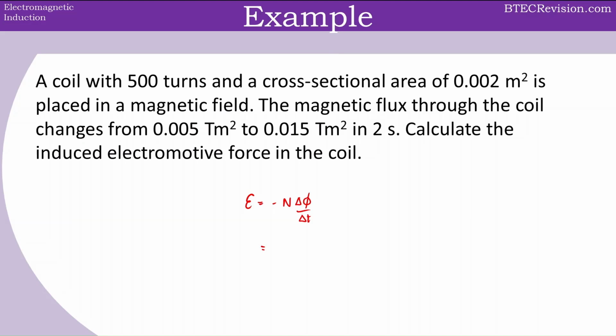Plugging in our values, we have minus n is 500, and the change in flux would be 0.015 take away 0.005, divided by change in time, which is 2 take away 0, so that's just 2. And this gives us a value of minus 5 over 2, which is equal to minus 2.5 volts.